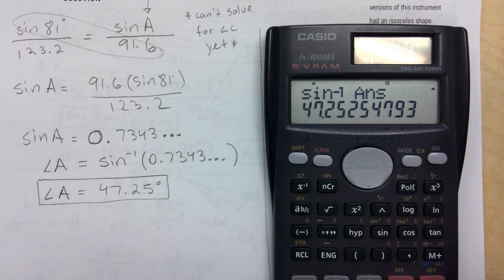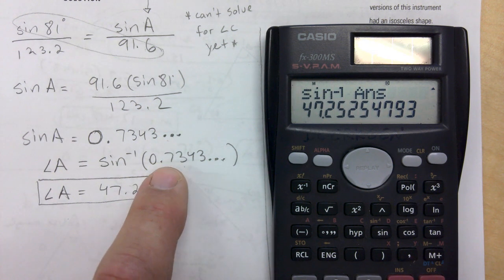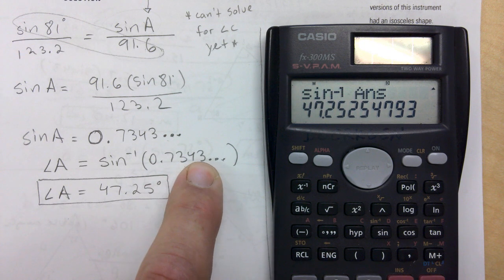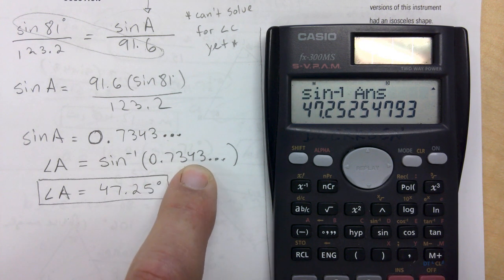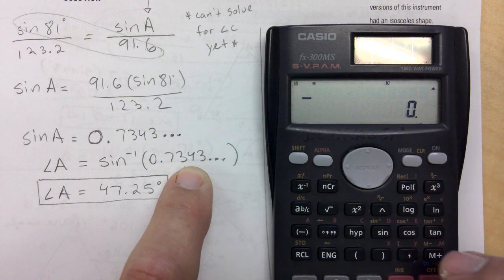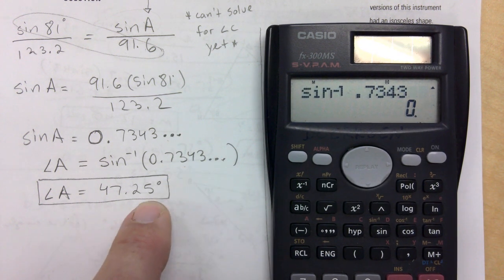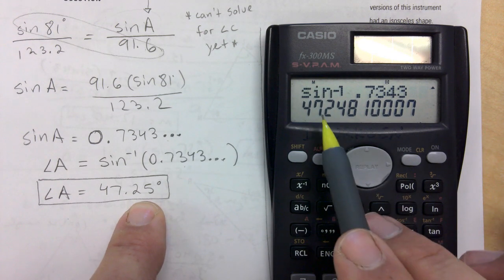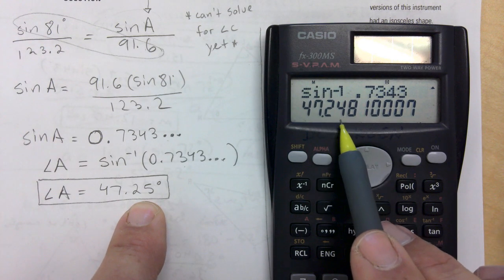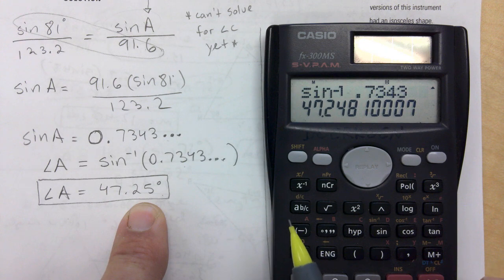Let's say you don't have a calculator like me and you can't do that, right? What you do is you write down 4 decimals here, just like I did. And so if you go shift sine and you type in 0.7343, you should get almost, if it still rounds to 47.25, okay?